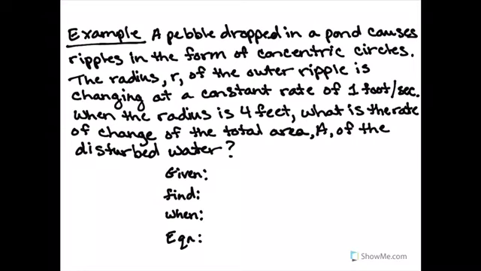So what piece of information was I just given? The rate of 1 foot per second. Which is dr/dt, right? So I was given dr/dt equals 1 foot per second. When the radius is 4 feet, so there's another piece of information. When r equals 4 feet, what is the rate of change of the total area of the disturbed water?